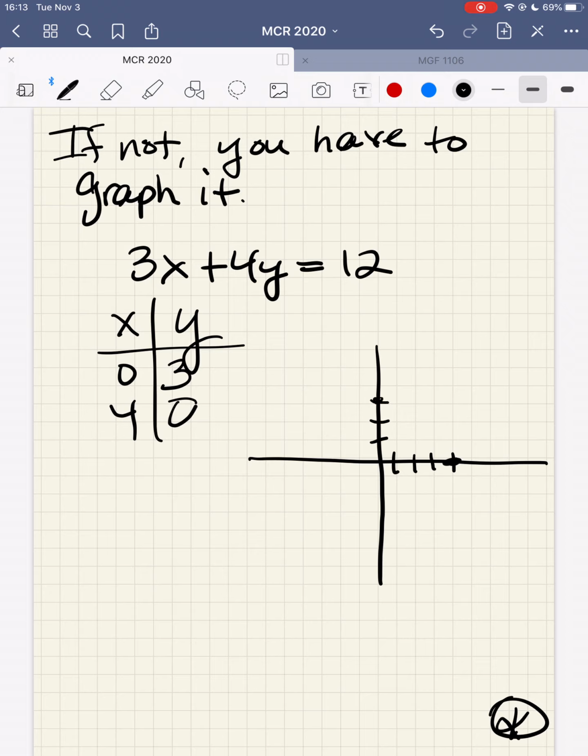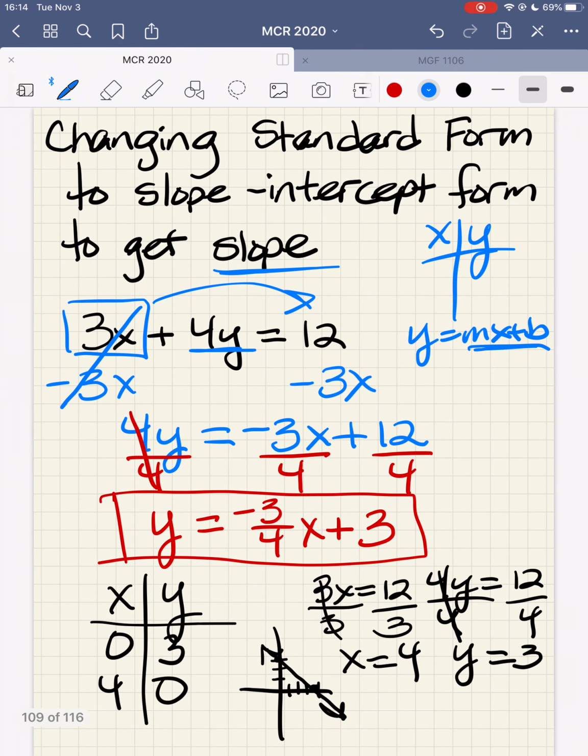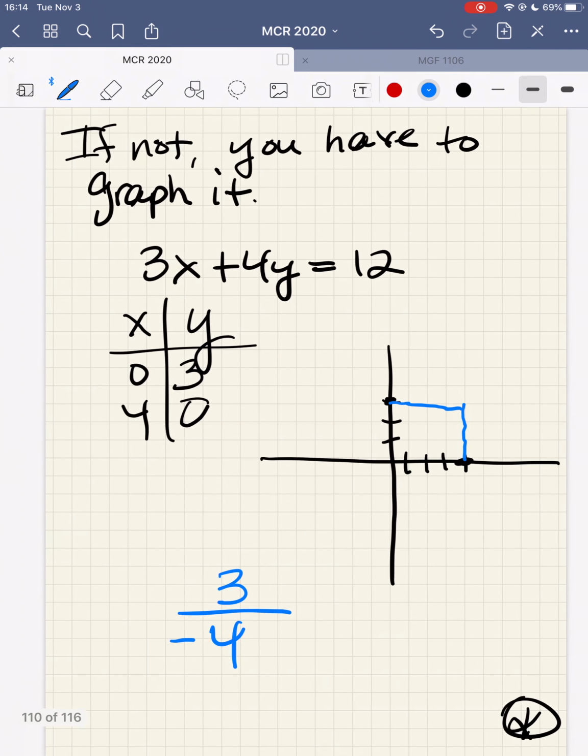I have 0, 3. And from here I could go ahead and count. So if I rise, I go up 1, 2, 3. If I run, I'm running backwards, so it's negative 1, 2, 3, 4. And I have the same slope that I got right here.